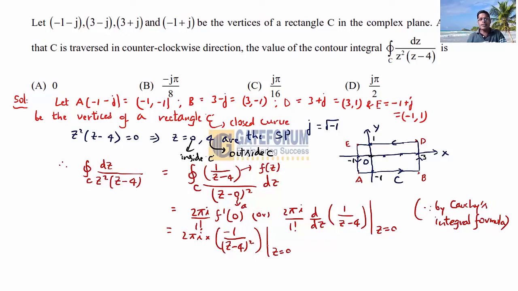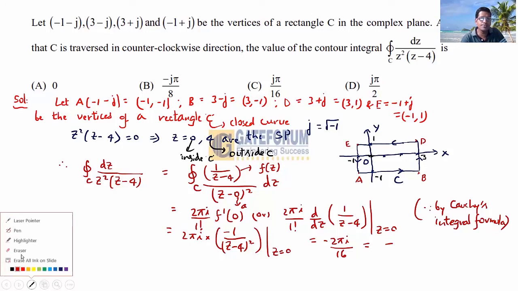This vertical line indicates substituting that point z equal to 0. So 2 pi i with (minus 4) whole square means 16. Finally this simplifies to minus. Of course, in the question all the vertices use j notation, so it is better to use j in place of i. Kindly excuse me.